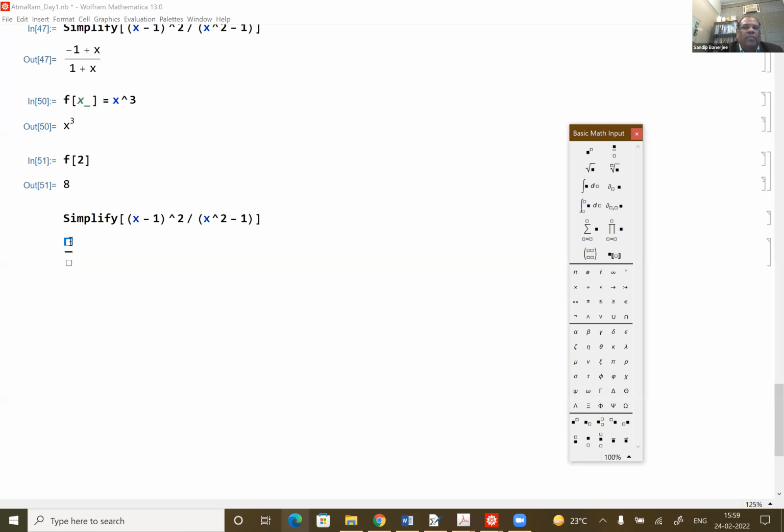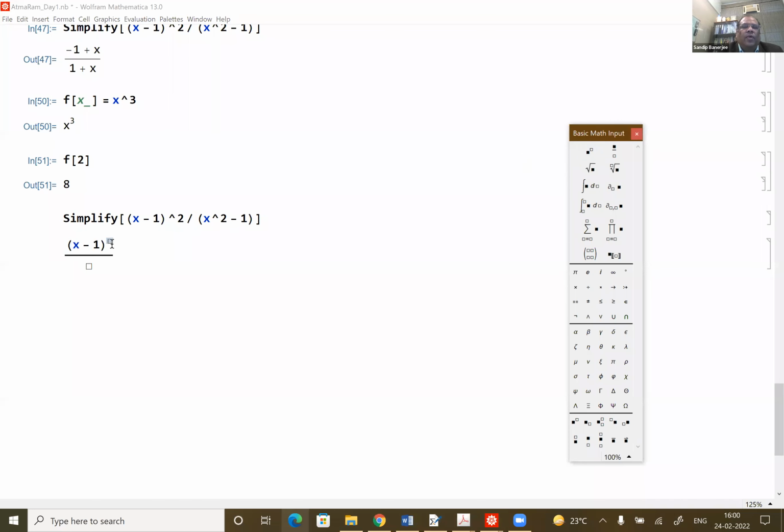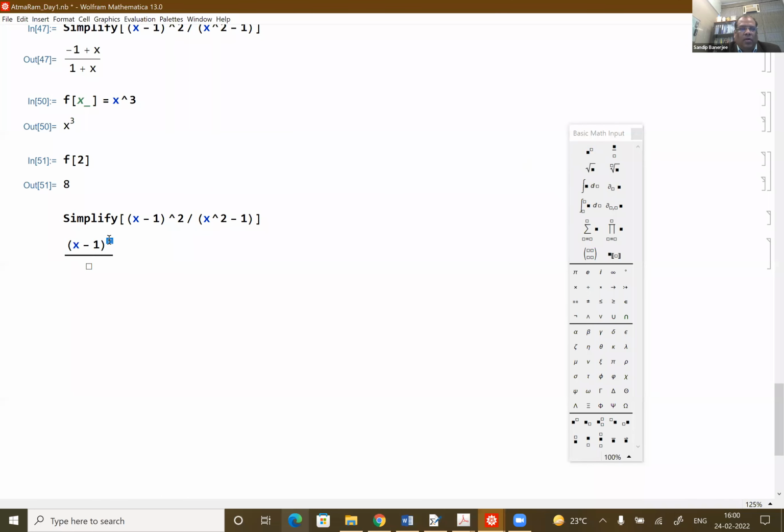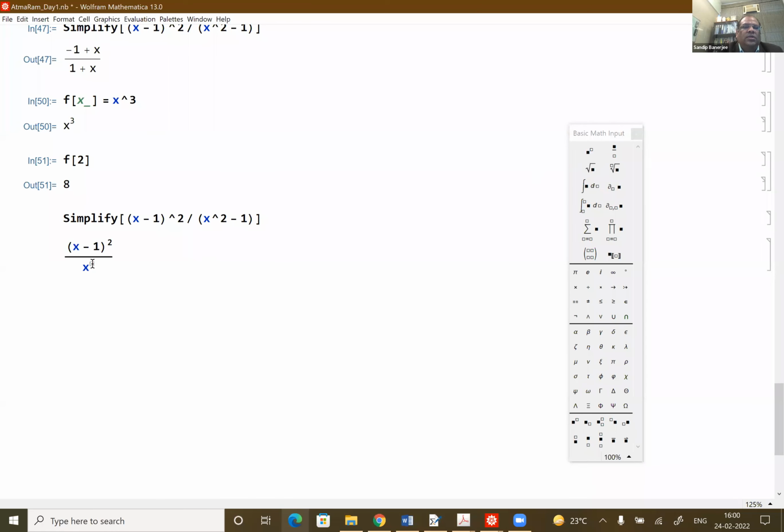So I put x minus 1, and this is for the square, x minus 1 whole square, and here it is x square minus 1.